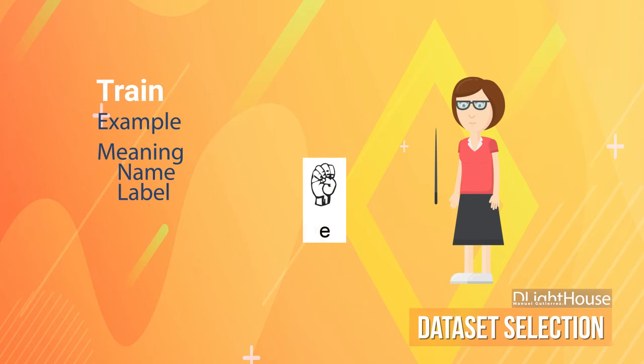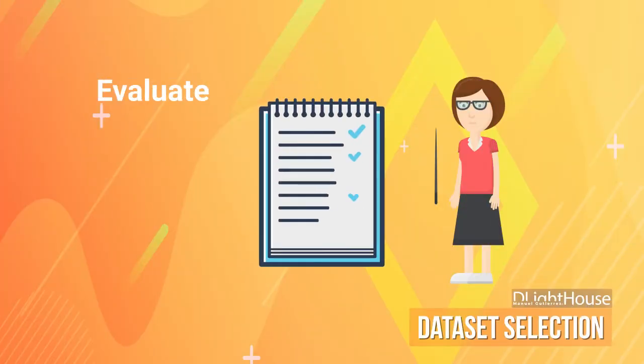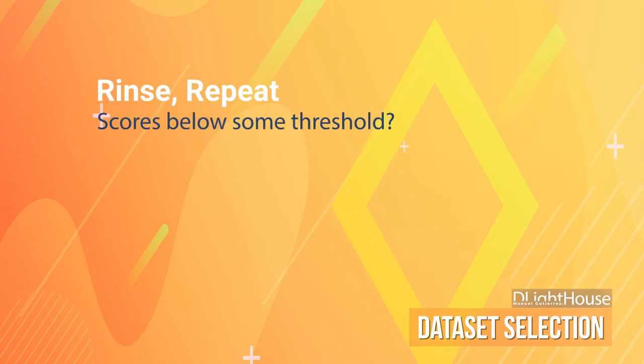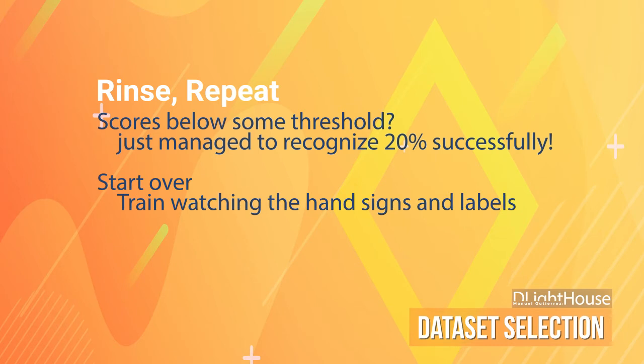Then, we get tested to see how much we learned, and if our scores are below some threshold, for example, let's say that we just managed to recognize successfully 20% of the signs that we saw, then we start over by watching the hand signs and labels again and by being evaluated again.